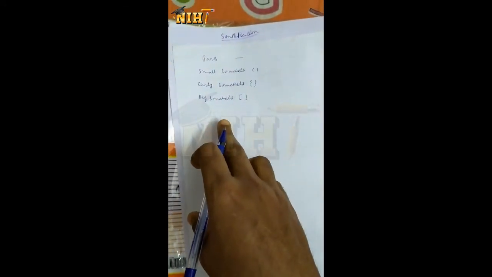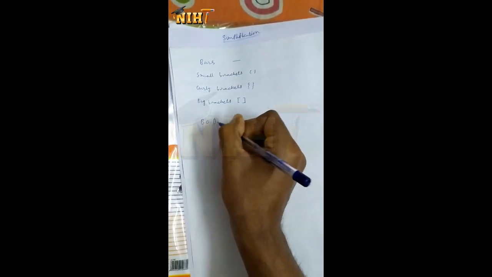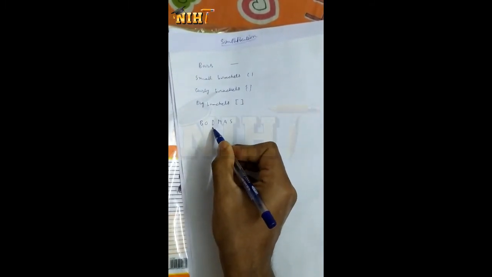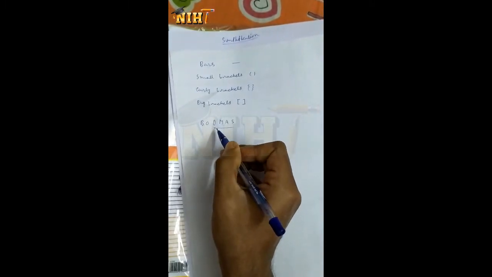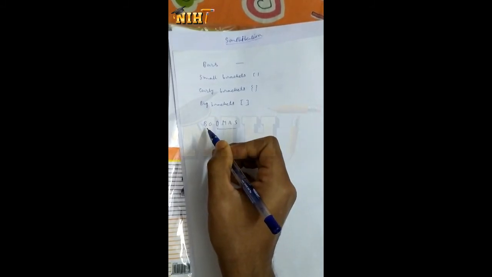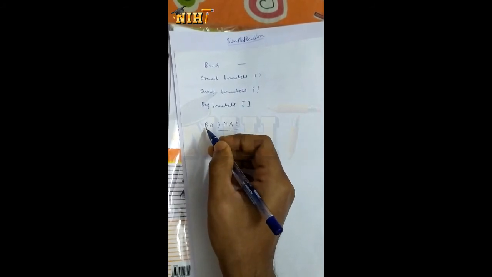Here we have to simply follow the rule BODMAS. Earlier we learned about DMAS, which is division, multiplication, addition and subtraction. But now BO is added, which means bracket of.